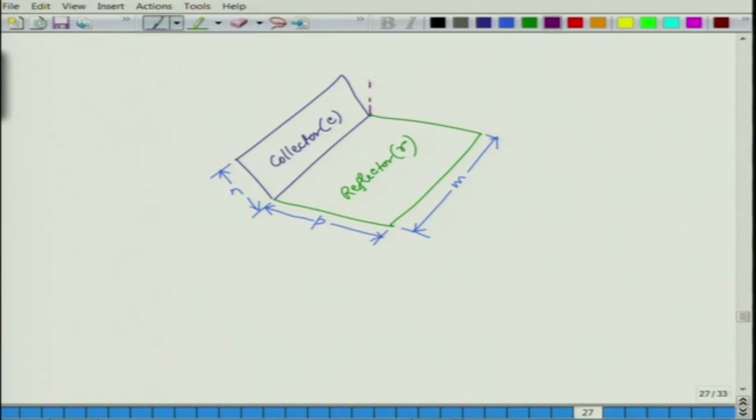Of course, if the reflector is on the horizontal plane on the ground, this will be your vertical direction, okay, and the angle between these two, let us say this is psi, okay.